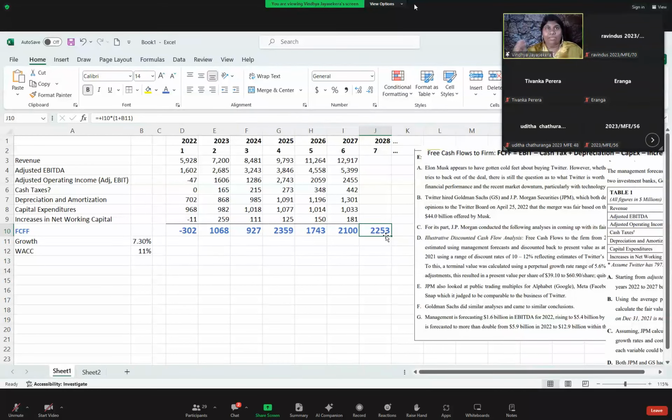For that growth of 7.3% forever, I can apply the constant growth model. So if this is the cash flow at period 7, then the value at period 6 should be the cash flow at period 7 divided by R minus G. R is 11%, G is 7.3%.